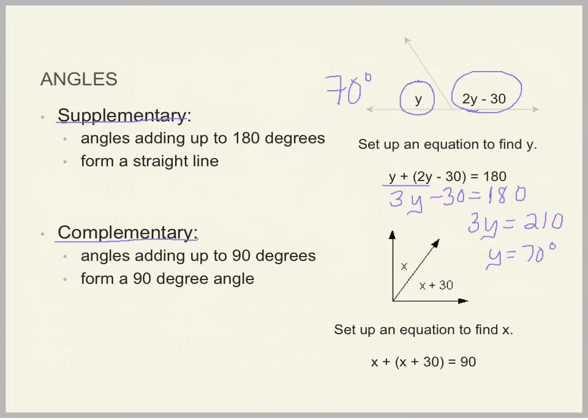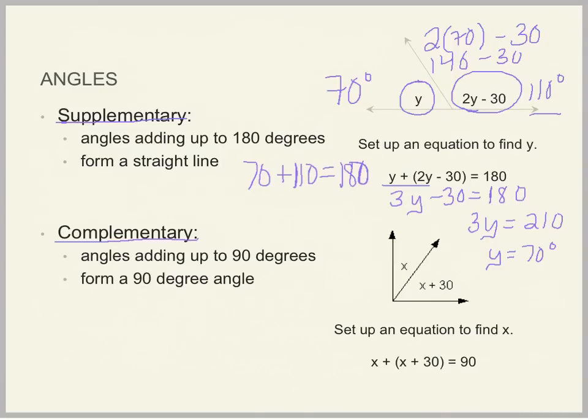So 70 degrees would be the angle measure for one angle, and 2 times 70 minus 30, or 140 minus 30, 110 degrees, is the angle measure for the second angle. Double checking our answer, 70 plus 110 equals 180.